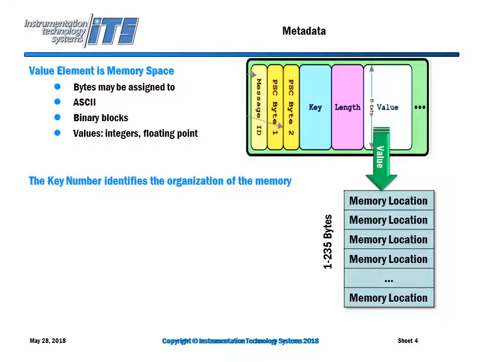It's just a memory location from the first byte to the 235th byte and anywhere in between. So you can assign a value with an offset starting from byte 1 in the value into the memory space up to 235 bytes. So you can assign that data. And that flexibility allows us to use the KLV metadata packet for telemetry purposes.